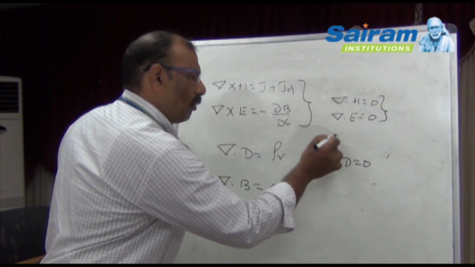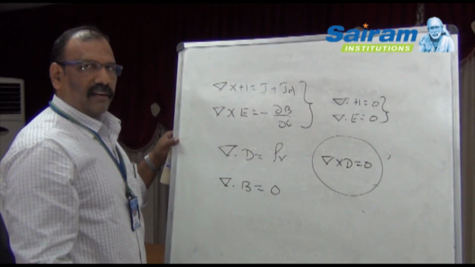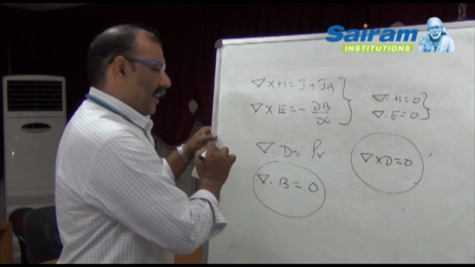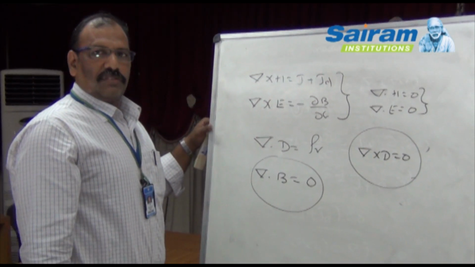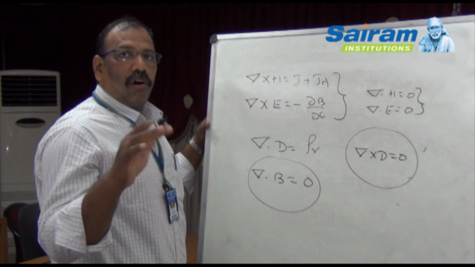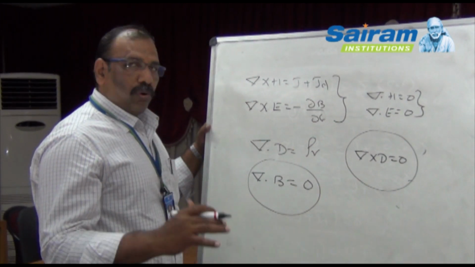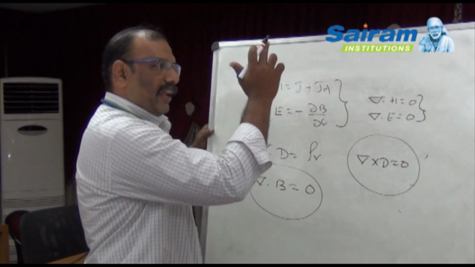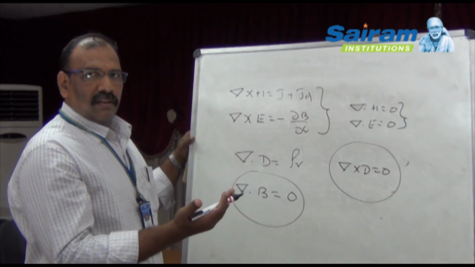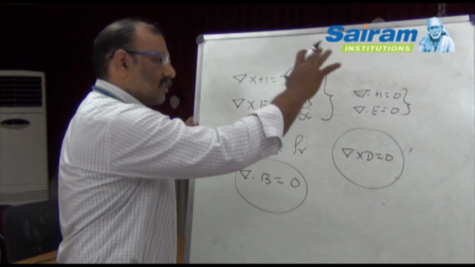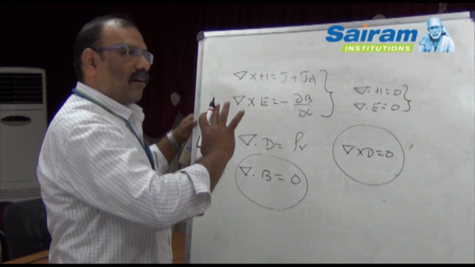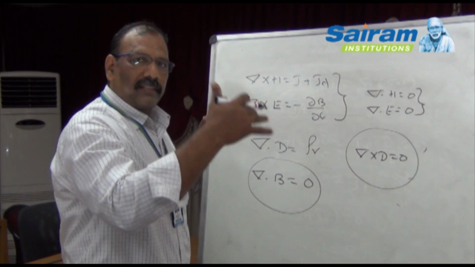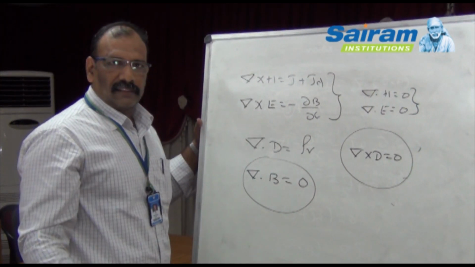That means no circulation exists in the electric field. Then for Biot-Savart's law, divergence of B equal to 0. That means no outflow of flux, because only the curl exists. Curl exists, divergence becomes 0. Okay, so these are the 4 modified forms of the Maxwell equations that are also derived from the basic electromagnetic laws. Clear?